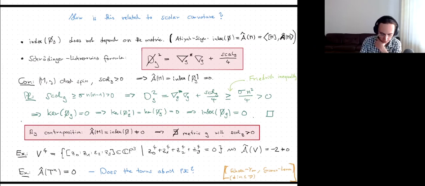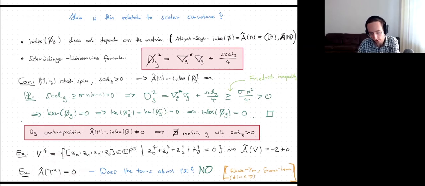Well, the answer is, I think we all know this, of course, no. This question was settled in the 80s by Schoen and Yau and by Gromov and Lawson. However, index theory, as I have explained it so far, is not enough to show this, because the A hat genus is just 0.